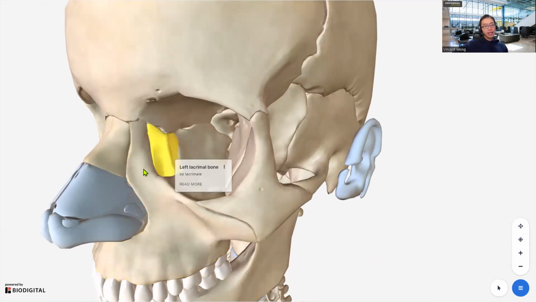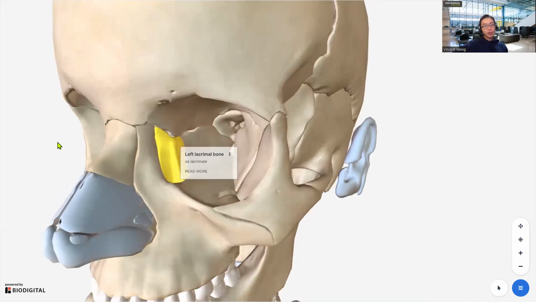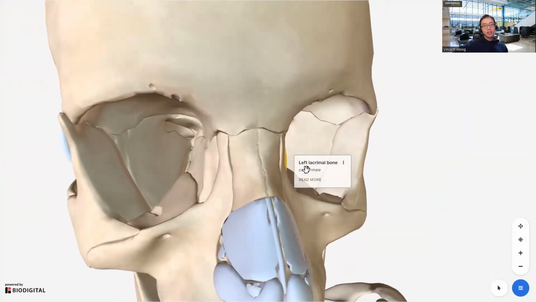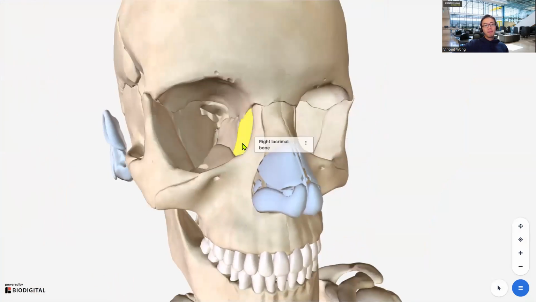Okay. Now the other bones are a little bit hard to see. There is one behind the maxilla right here that is called the lacrimal bone. So you have one on each side. The left lacrimal. It's a little bit of a tongue twister there. And then we have the right lacrimal bone. Okay, so inside the lacrimal bone, that's where your tear duct is going to be running through.